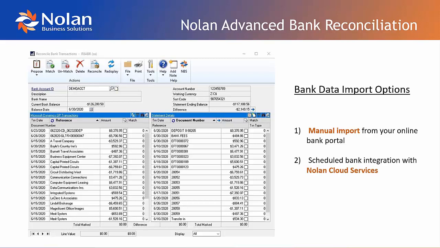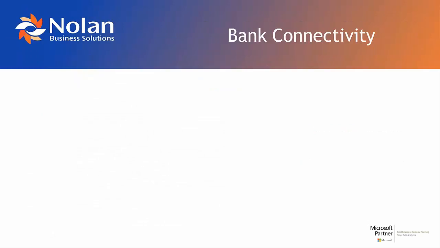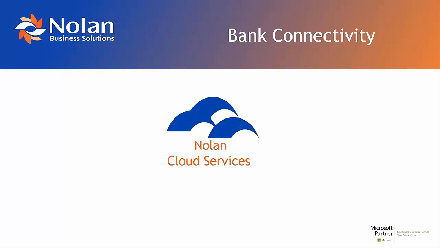If you really want to take it a step further, we can also automate the import of your bank data with a scheduled bank integration through our Nolan Cloud Services platform. Nolan Cloud Services is a platform built on Microsoft Azure, and we have multiple applications available through that tool.